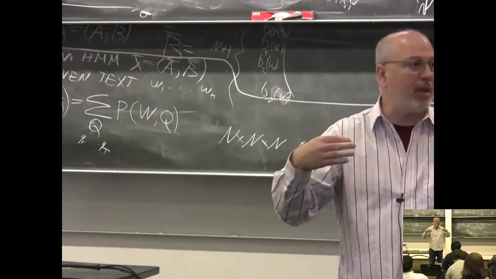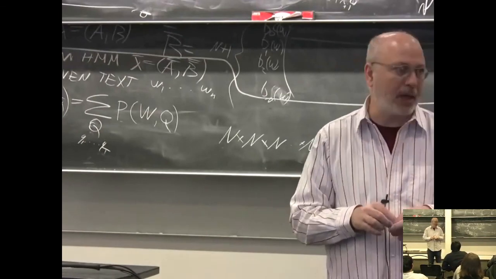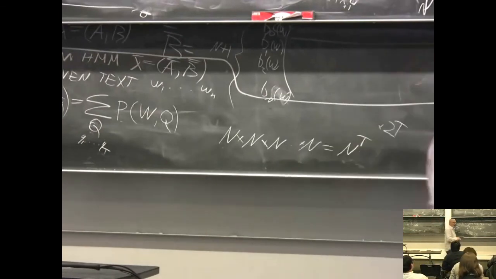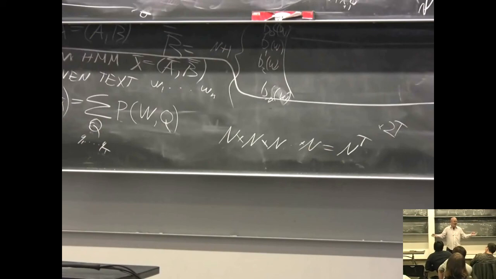Specifying both of these matrices fully specifies the model. That's the second point. The third point is that calculating something as simple as the probability of some observable sequence given the model is not that straightforward. On the surface, on the face of it, it looks like it requires exponential amount of computation.